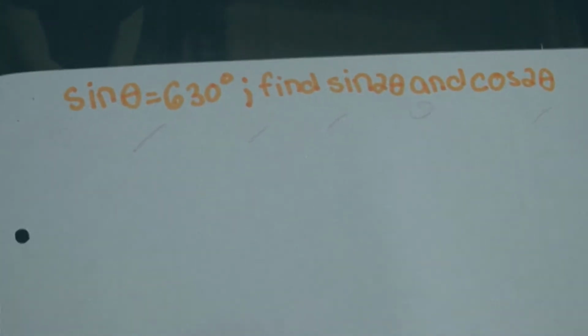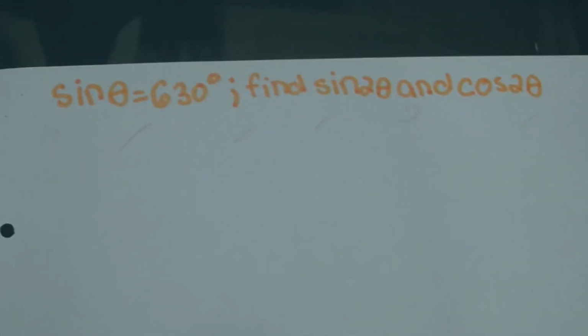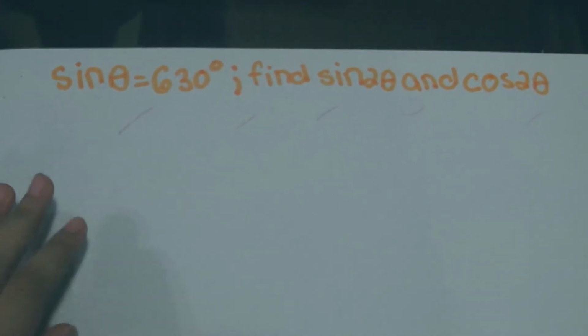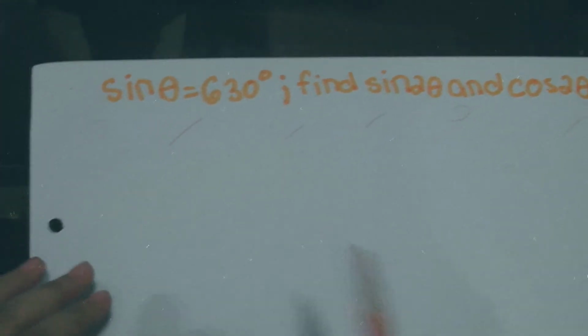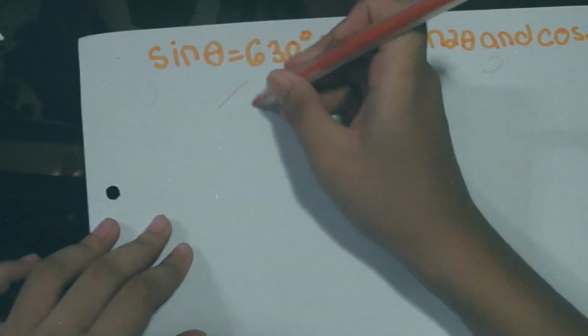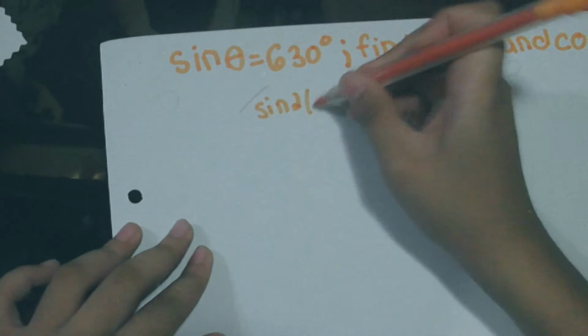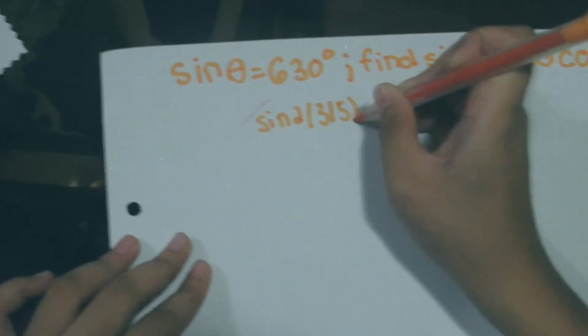And now let's solve the third example. We are required to find the sine and cosine. So sine 630 degrees. First we have to get half of 630 degrees because this will be double angles. So sine 2 times 315 degrees.